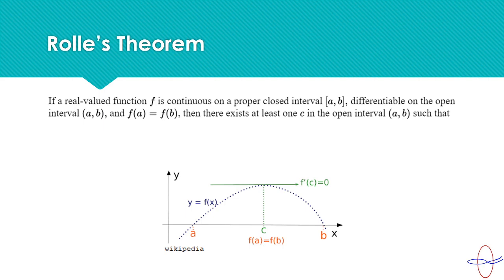That if a real valued function is continuous on the closed interval [a,b] and differentiable on the open interval (a,b), and if f(a) equals f(b), then there exists at least one c in the open interval (a,b) such that f'(c) equals 0. That's what you see from the diagram, right? If f(a) is 0, f(b) is 0, then at c, f'(c) is equal to 0. That's very intuitive from geometry, and that's what Rolle's theorem says.